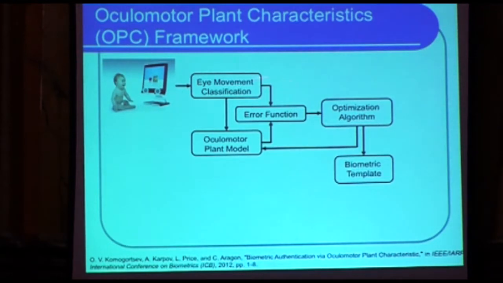We have the error function that measures the difference between simulated and recorded saccade trajectories, and we have the optimization algorithm that changes the parameters of the model to minimize the difference between simulated and recorded trajectories. Once the parameters or characteristics of the model are minimized, we are now working with a biometric template from which we can identify a person. So this is not liveness, this is just identification based on eye movements.